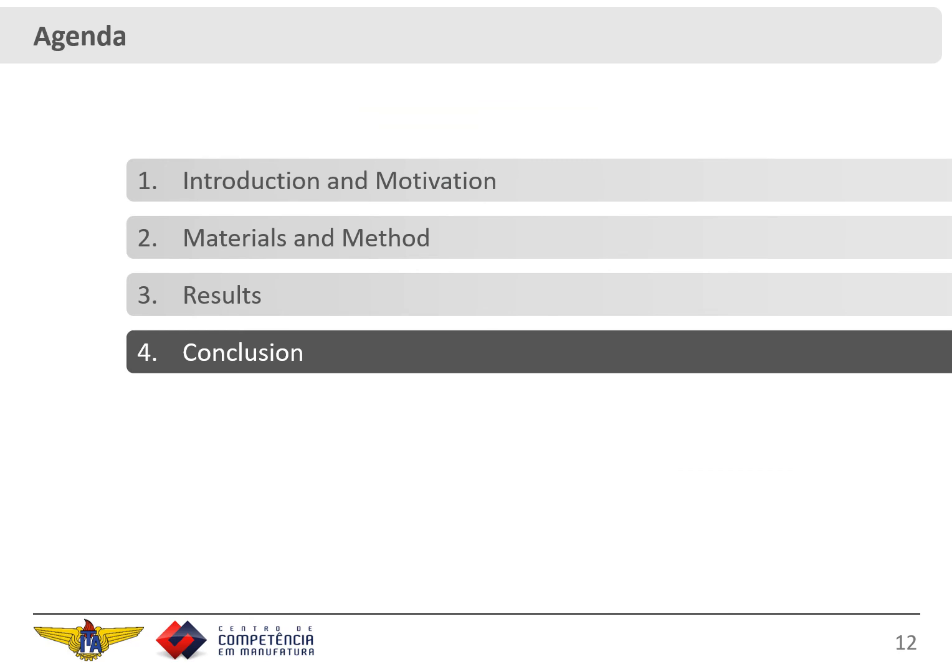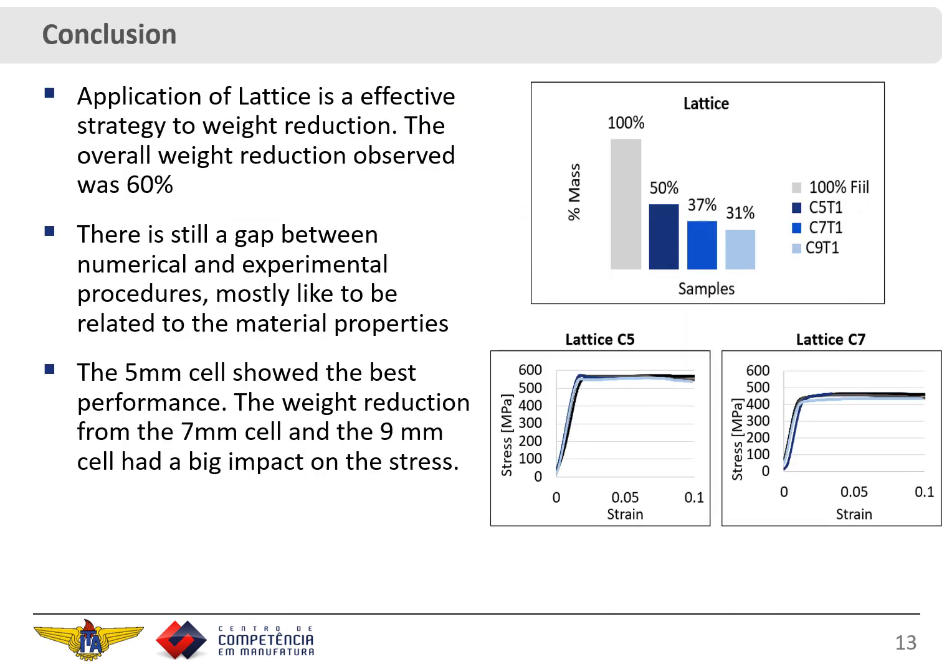Moving forward to the conclusion, the first conclusion is related to the weight reduction itself. It was observed an average weight reduction of 60% of the cell. Therefore, the lattice is an effective way to reduce the mass.